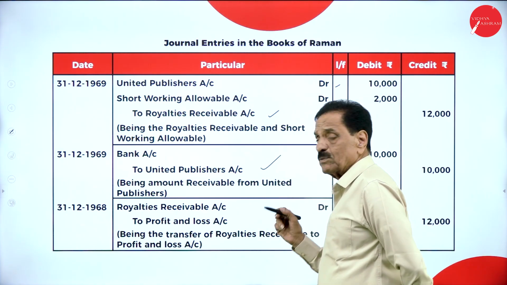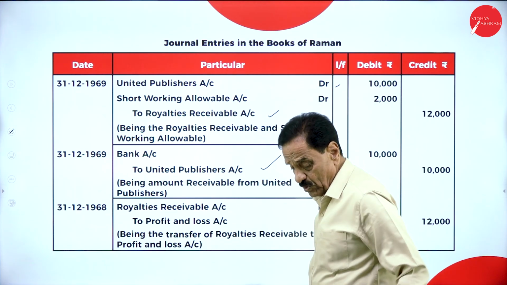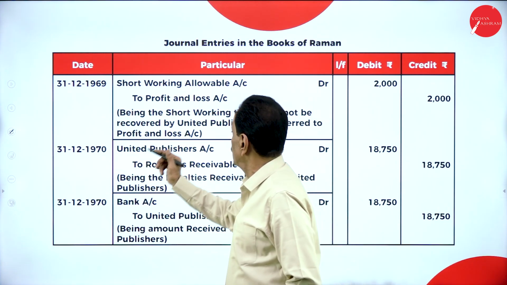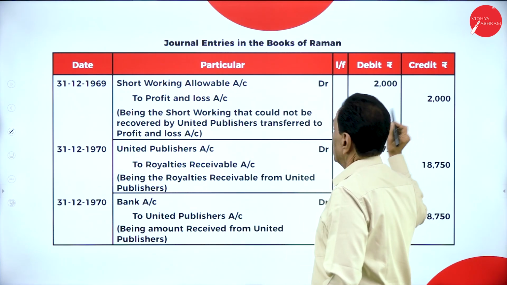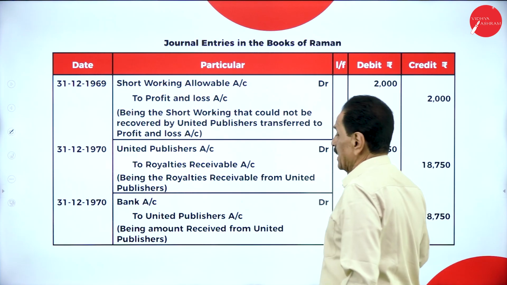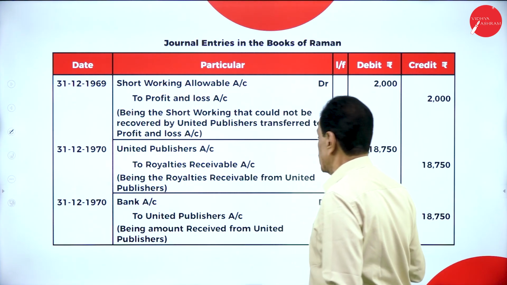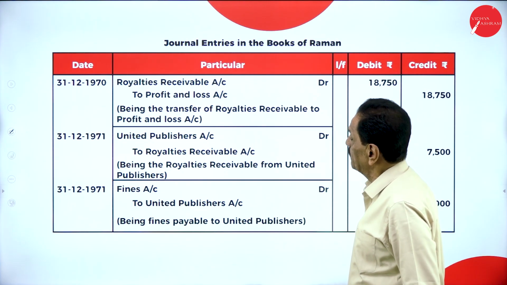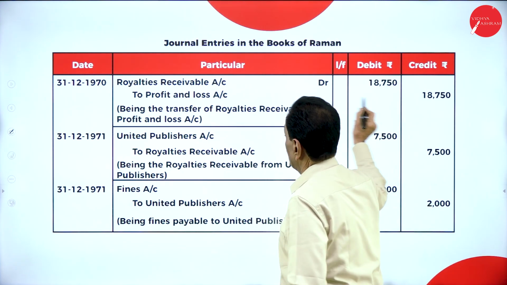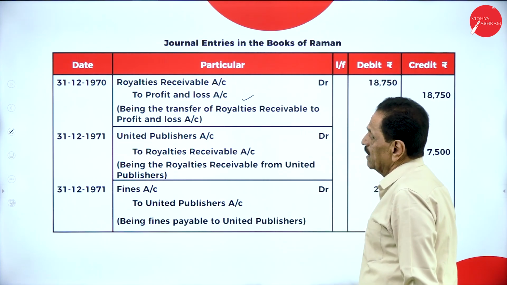Transfer to P&L account, royalty receivable to profit and loss account 12,000. 1970. Short working allowable to profit and loss account. United Publishers account debit to royalty receivable 18,750. Bank account debit to United Publishers account 18,750. Royalty receivable account debit to profit and loss account 18,750.